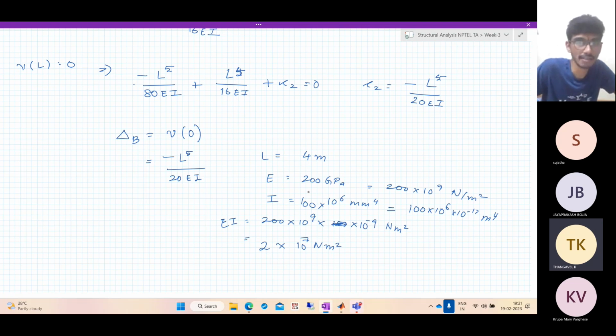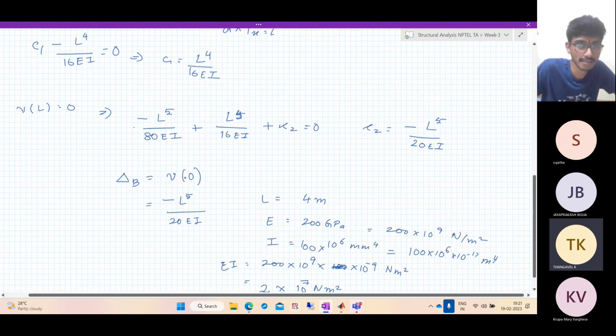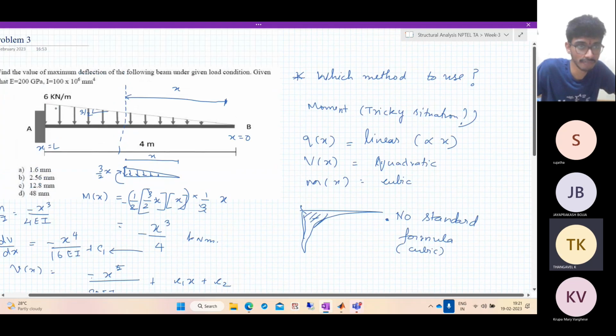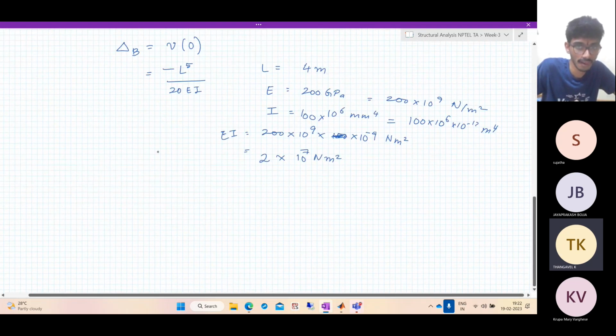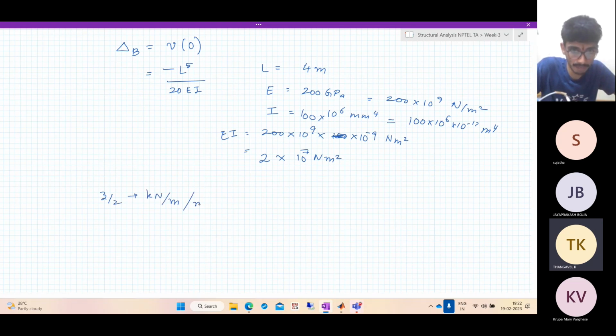Now let us compute this value, right? And what is the numerator? We have already taken this 3 by 2 somewhere. So 3 by 2 is in kilonewton per meter per meter, so it's nothing but 3 into 1000 by 1000 into 1000 newtons per meter.